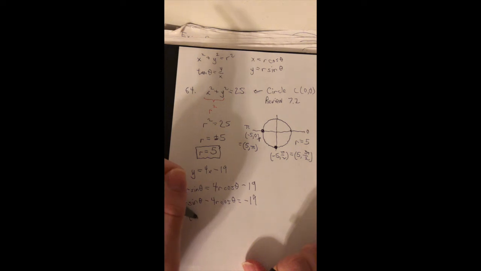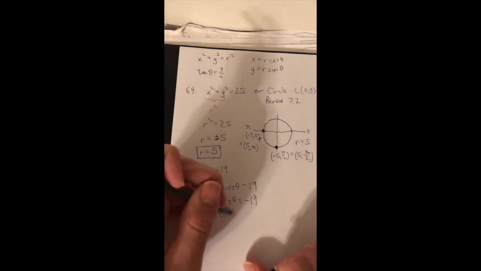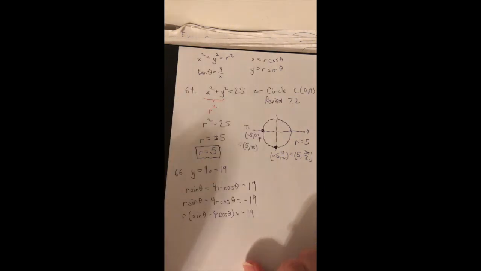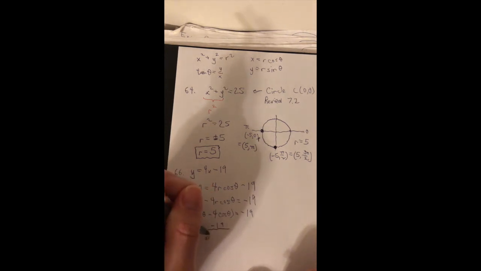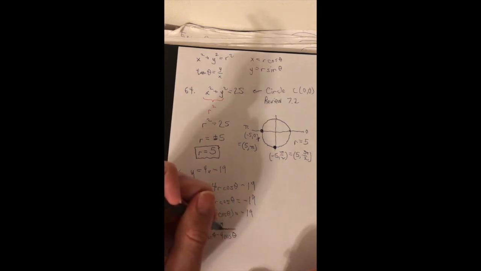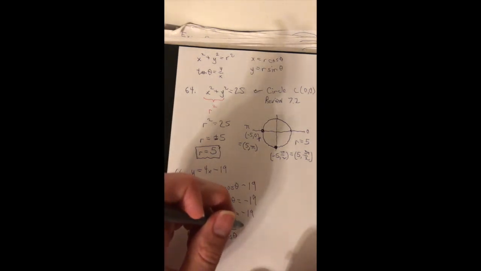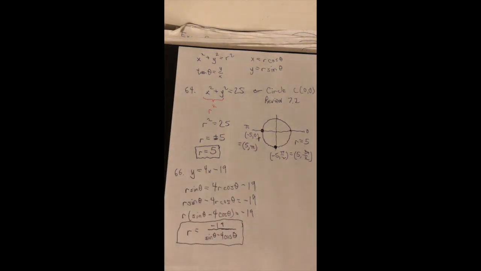So r times the quantity sine theta minus 4 cosine theta equals negative 19. And then divide everything through by sine theta minus 4 cosine theta. And there is my line in polar coordinates.